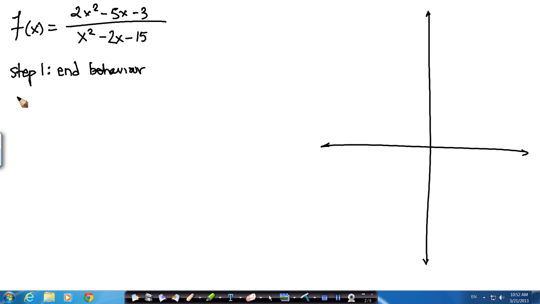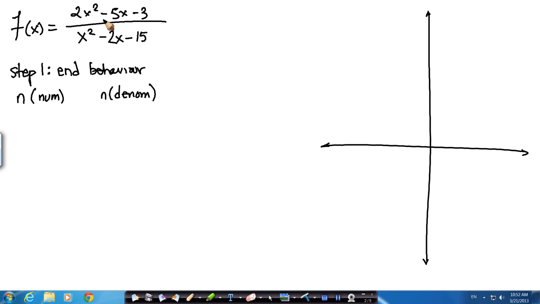So the degree of the numerator and the degree of the denominator, we're using n for degree.